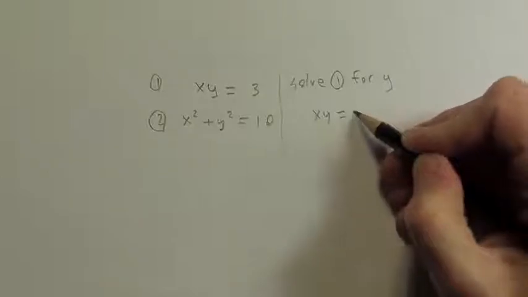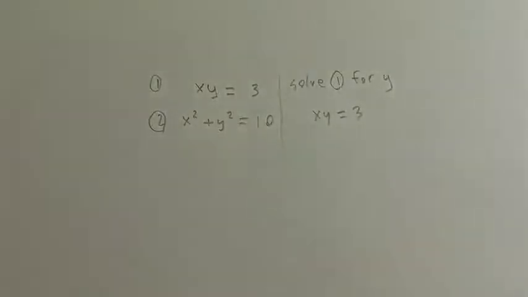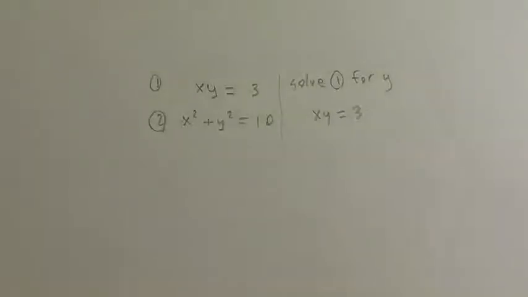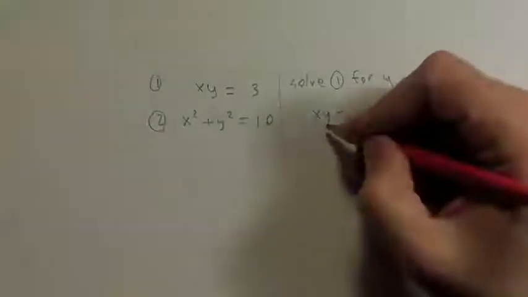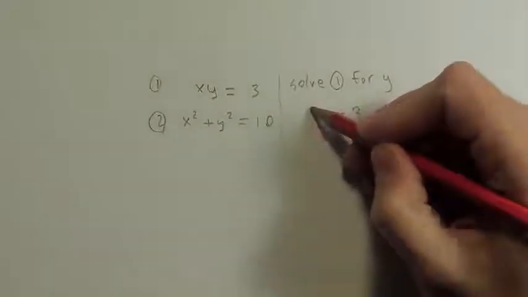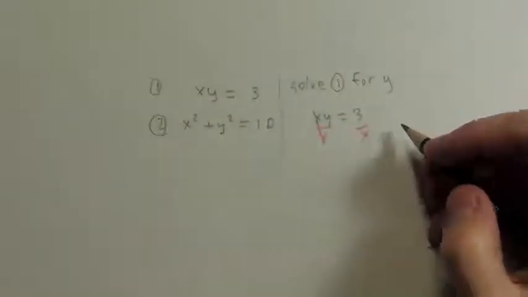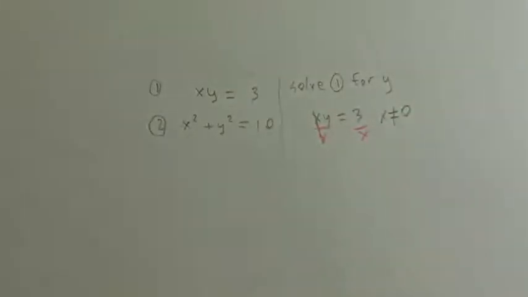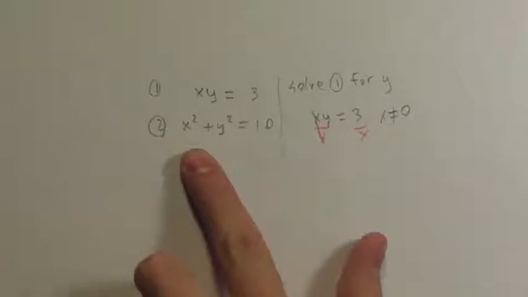xy equals 3. If I want to solve for y, and I want to get y all by itself on this side, I'm just going to divide both sides by x. Now, we have to be very careful when we do this. X is not allowed to be 0. Why? Well, because we'd be dividing by 0. Right? We're not allowed to do that. But we're intersecting.